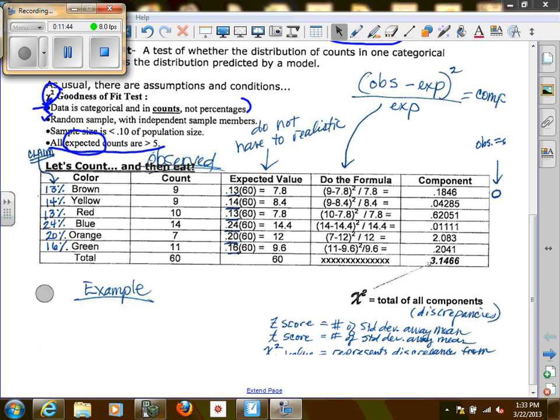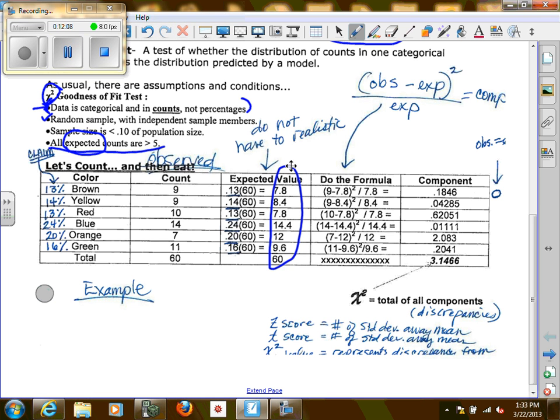Okay, so now when you look at your expected values, remember that your expected values do not have to be realistic. Your counts are real, but your expected don't have to be technically possible.